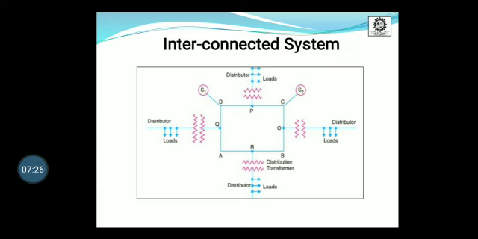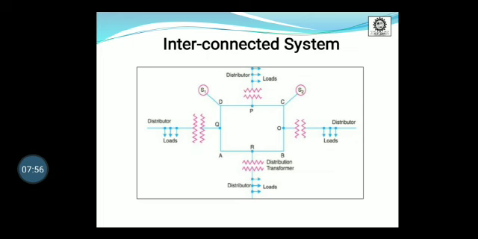Figure shows the single line diagram of interconnected system, where the closed feeder ring ABCD is supplied by two substations S1 and S2 at points D and C respectively. Distributors are connected to the points O, P, Q and R of the feeder ring through distribution transformers.